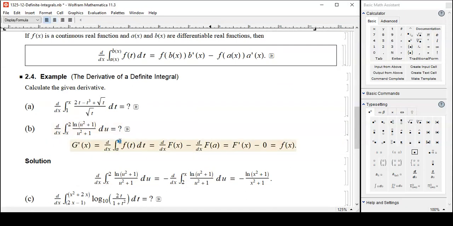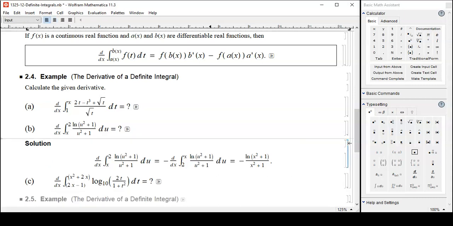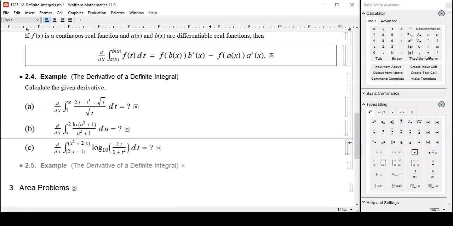If you have a here and x down here, then this will be a, and that's f of x, and this is 0, and then f prime of x, and that's the original function. Oopsie. Now okay. So we may have to worry about the negative sign if we switch these two.